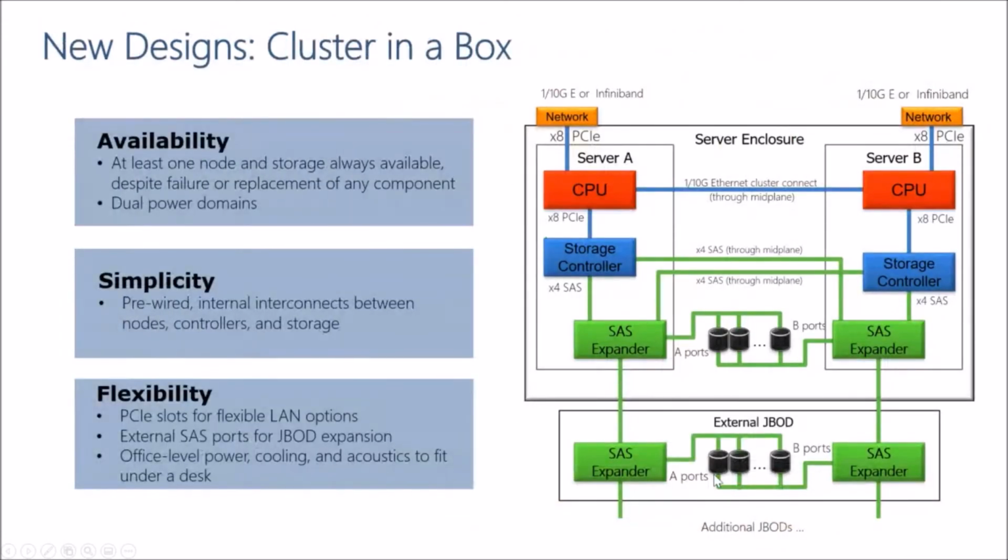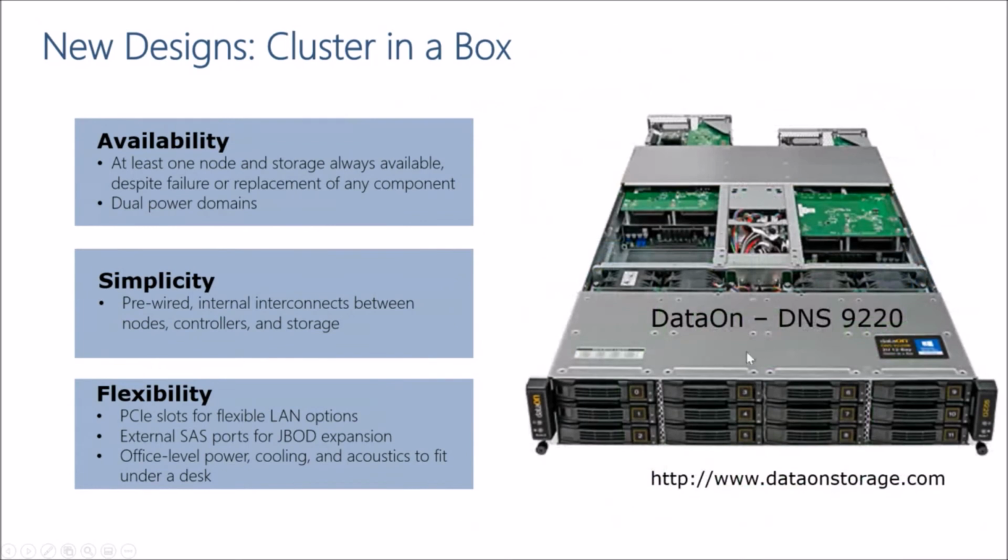There's also a cluster in a box. So effectively, instead of buying two physical devices and clustering them together, you can buy a cluster in a box. It's like having two computers or two servers side by side, wired in a certain way. So for availability, at least one node will always be available despite failures or replacement of components of the other node.